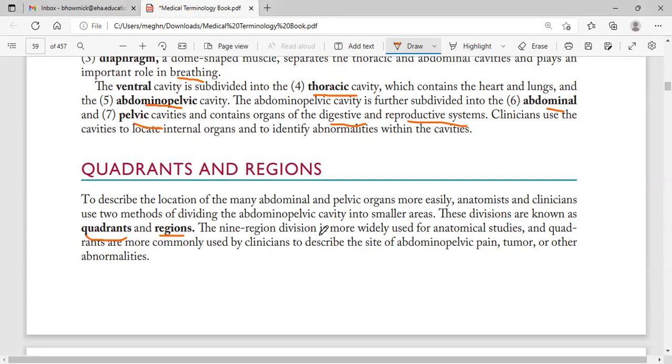The nine-region division is more widely used for anatomical studies, and quadrants are more commonly used by clinicians to describe the site of abdominopelvic pain, tumors, and other abnormalities.